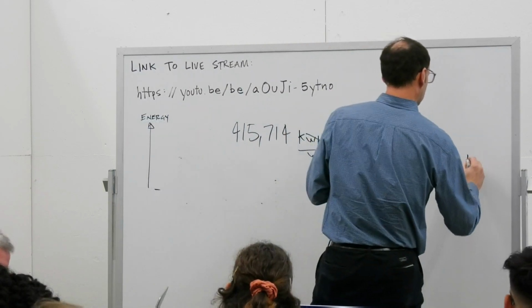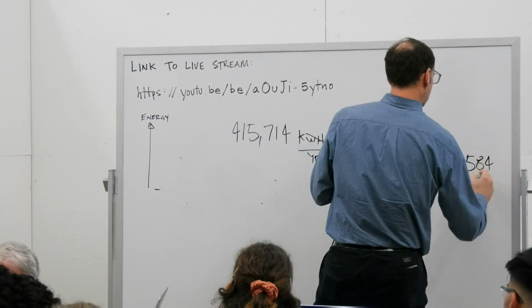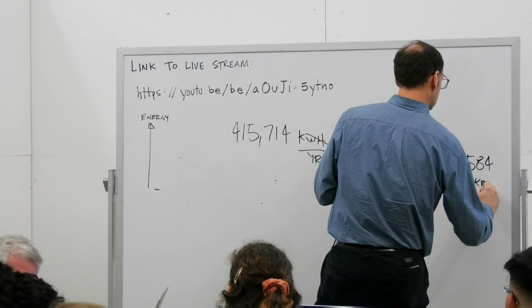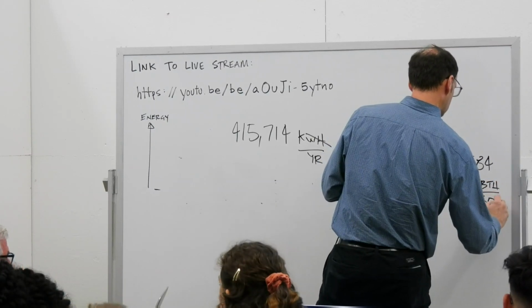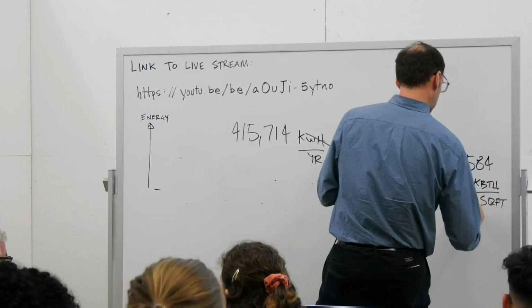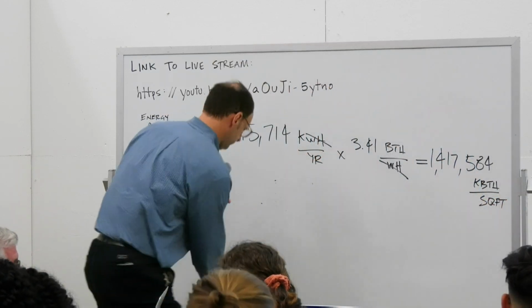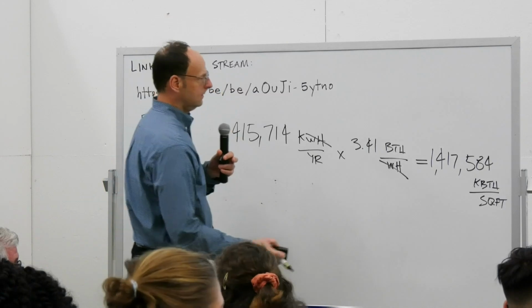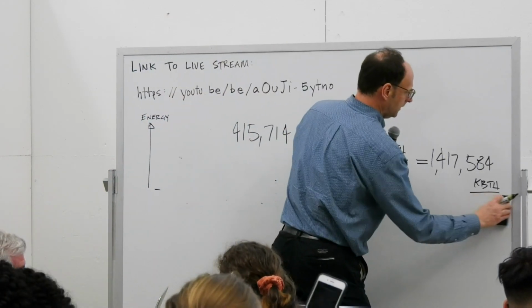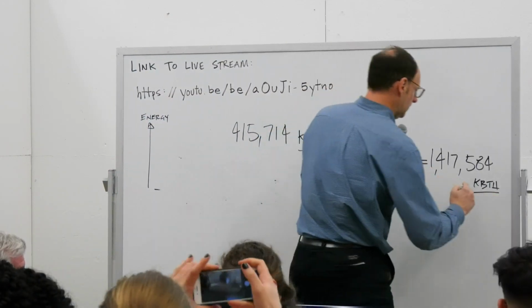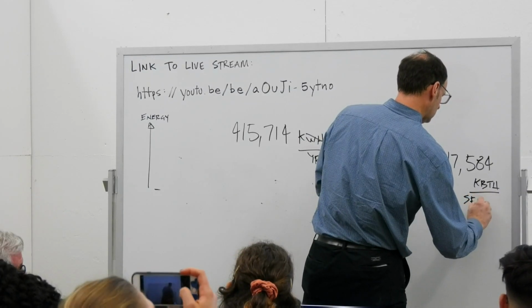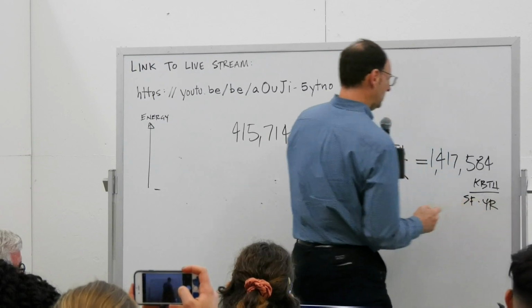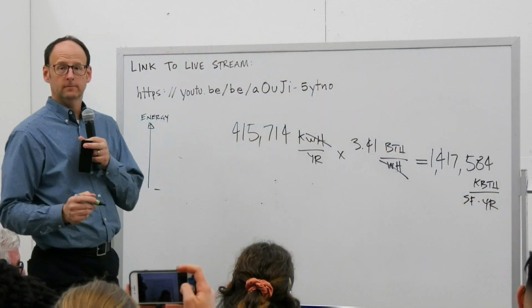We'll forget the fractional value, okay? And this is in kBTUs per square foot per year. All right? So that's how much we can generate. So we want to set that number aside.